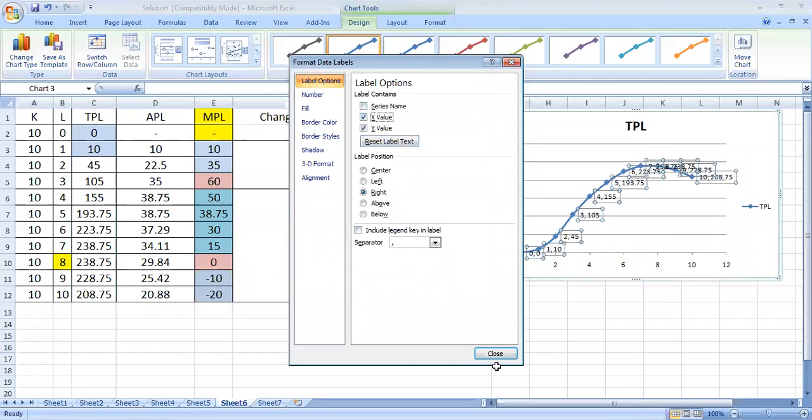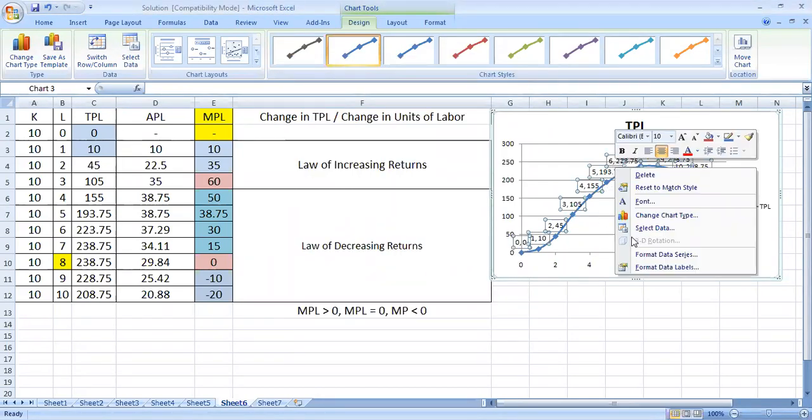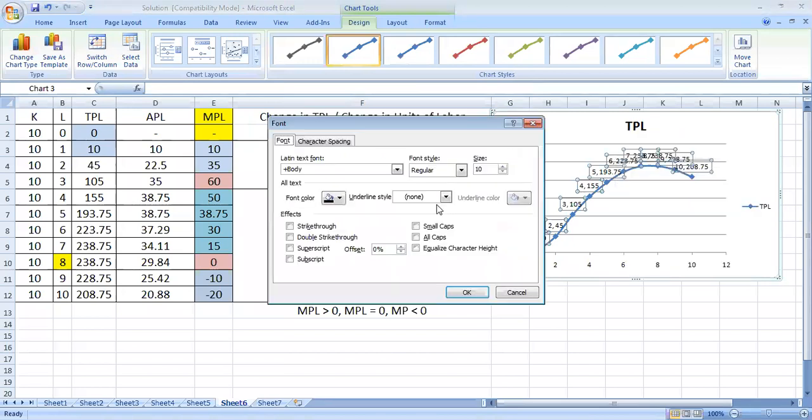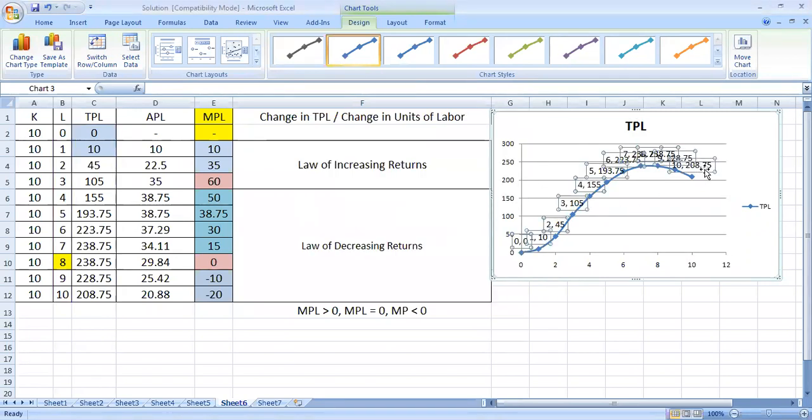I've just added both of them. I guess this appears relatively good. And let me adjust its font size. Okay.